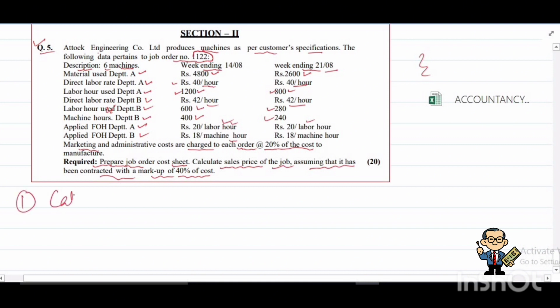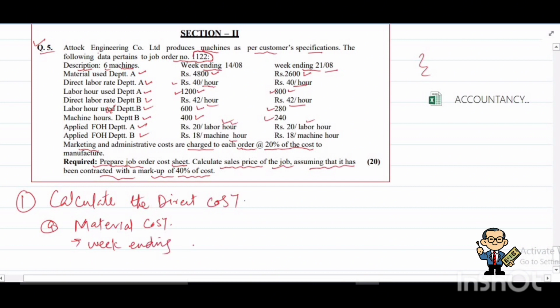First you have to calculate the direct cost, and first you have to calculate the material cost. As we know, week ending 14/08 is Rs 4800.